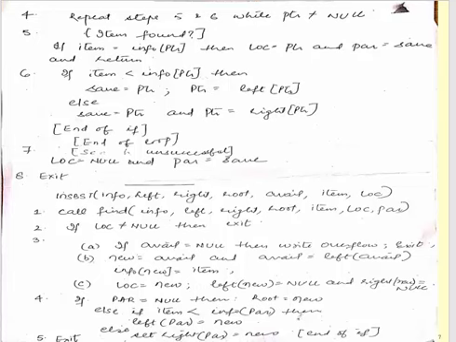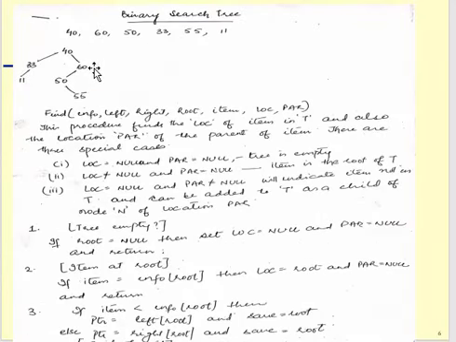Like in my case, now save would become pointer. So what was your save? Save now would be pointing to this one. Save would become this, and pointer is pointing to left of this. So pointer would become this.